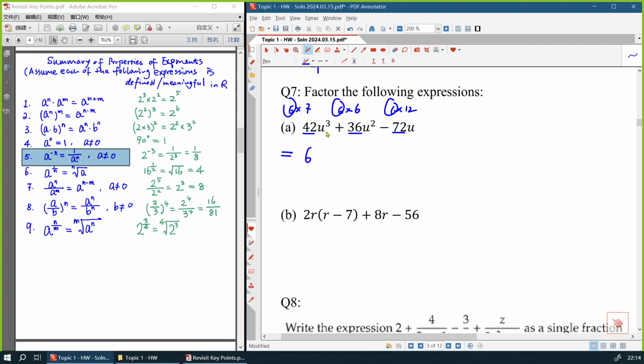And then consider the u here. We can put a u in front as well. So if you put 6u in front, what's left in the parentheses? Sunny, can you tell me that? According to the distributive law, if I put a 6u in front, what expression is left in the parentheses?